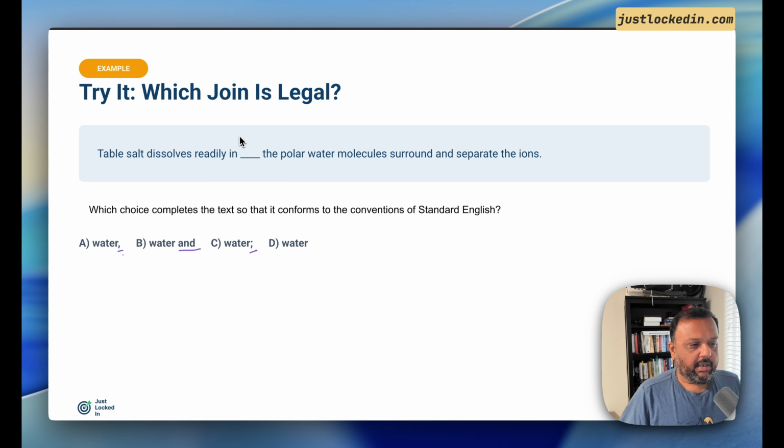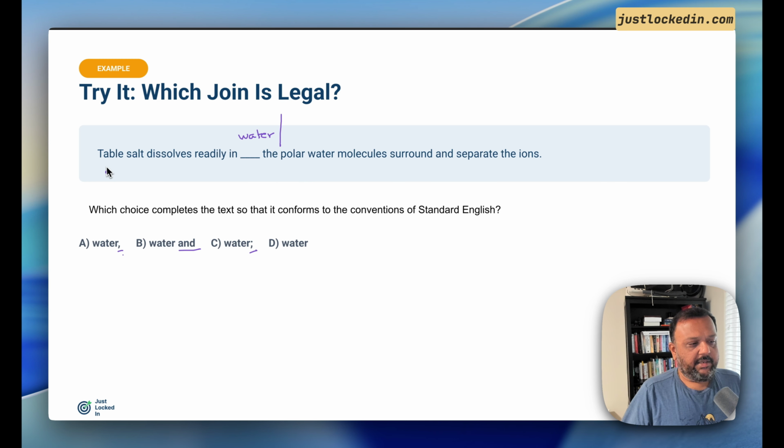I'm just going to take this water and pour it here. Now I'm left with two clauses. The first one is: table salt dissolves readily in water. The second one is: the polar water molecules surround and separate the ions.